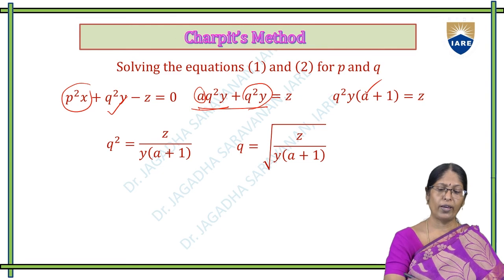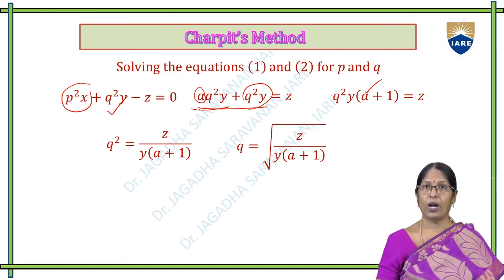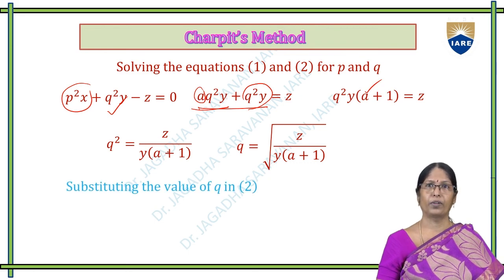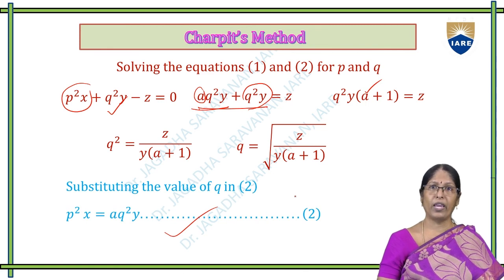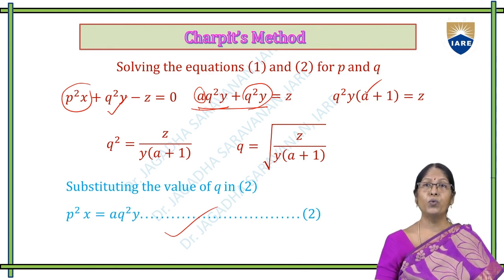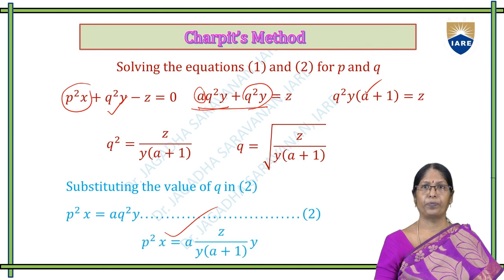So q square equal to z by y of a plus 1, then q equal to square root of z by y of a plus 1. Now we are going to substitute the value of q in equation 2. Our equation 2 is p square x equal to a q square y.